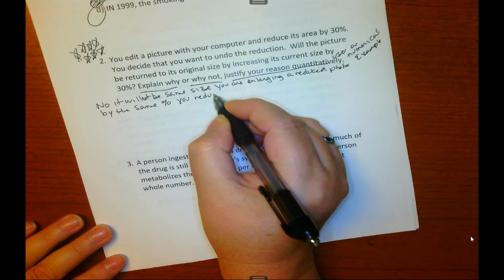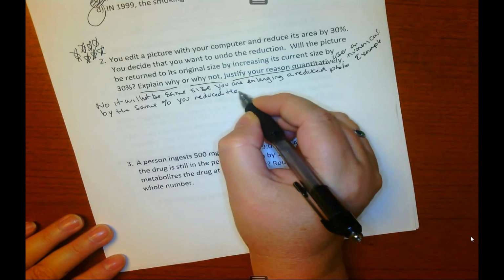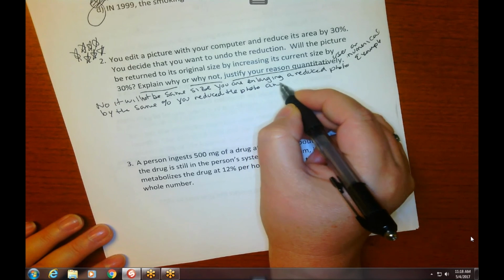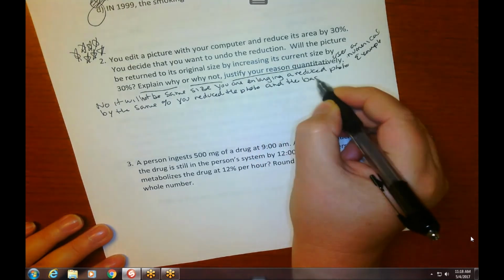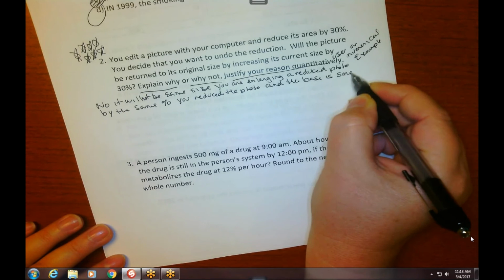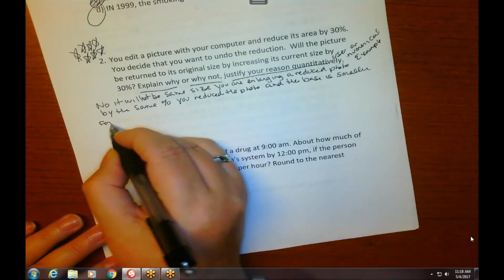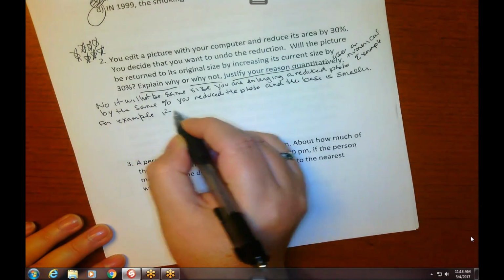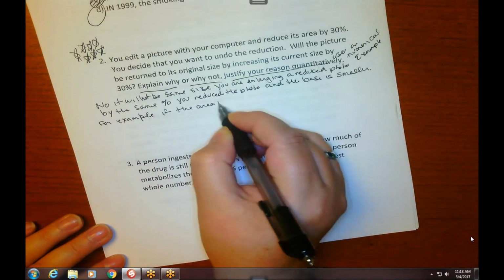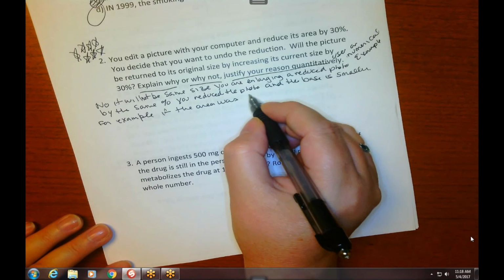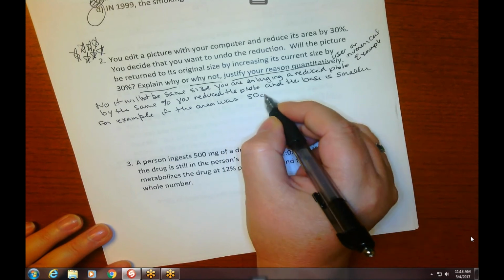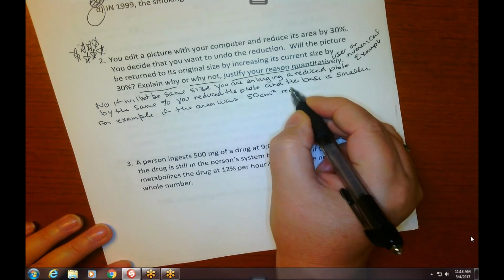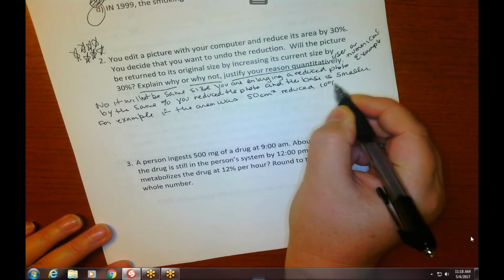You reduce the photo and the base is smaller. For example, if the area was 50 centimeters squared, reduced 10%.